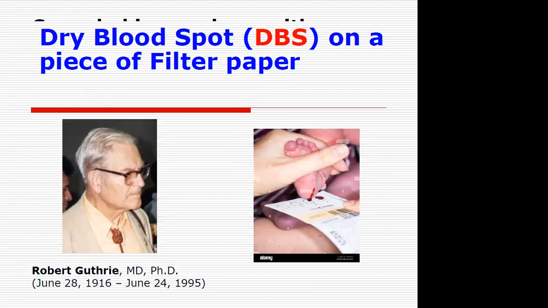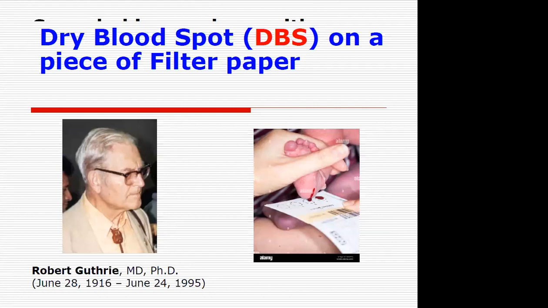The test should be easy to run. The sampling should be easy because we want to do it for all the babies who are born, and the samples should be transferred to the lab very easily.